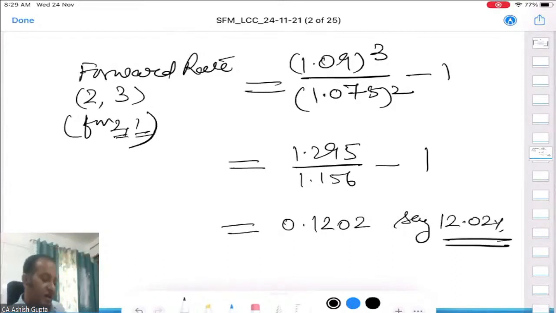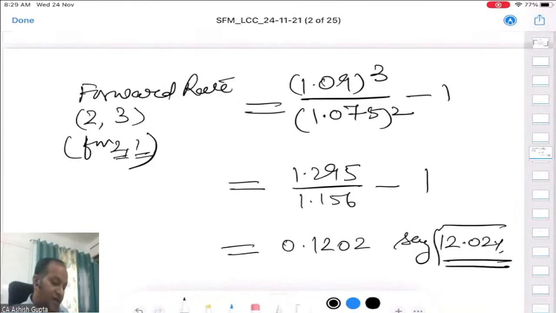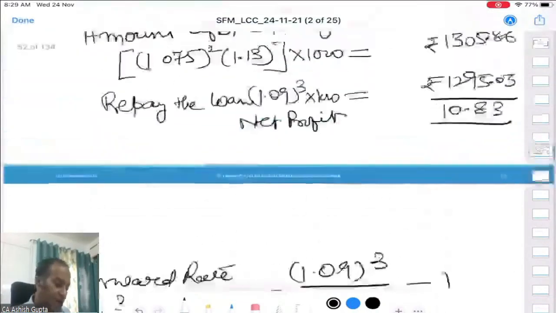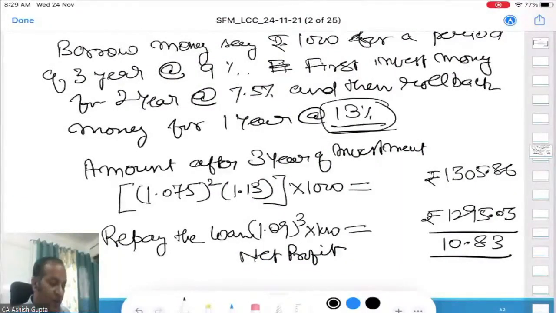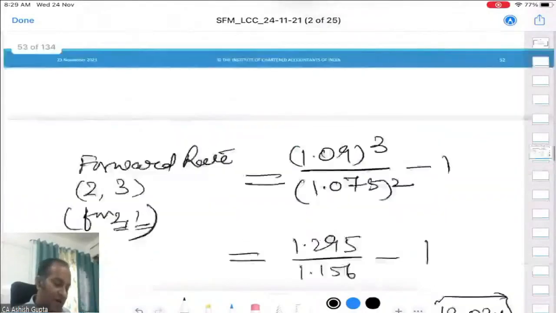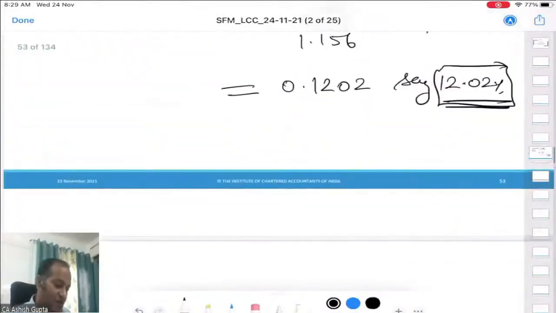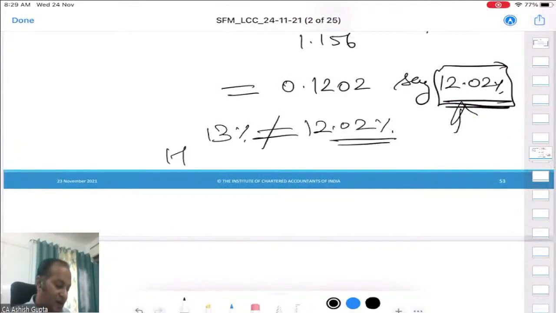So student, please see here. Here it says the forward rate should be 12.2%, whereas here the rate is 13%. So of course there is an arbitrage opportunity, because there is a difference, it is not matching with the 13%. Hence there is an arbitrage opportunity.